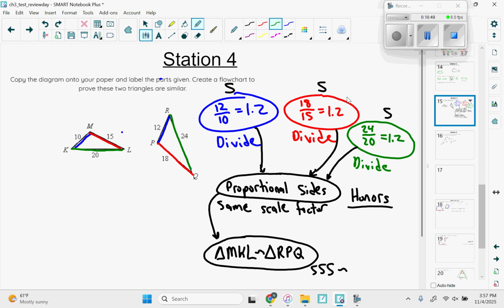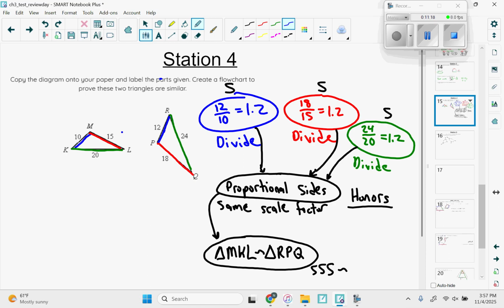And here I've already set up the flow chart. Just wanted to point out I color coded the corresponding sides. So littlest side I did in blue on this triangle, and littlest side on this triangle I also did in blue. I'm going to use those two numbers for one of my ratios. I did the same thing for the middle side. 15 and 18 in both of these triangles are in the middle.